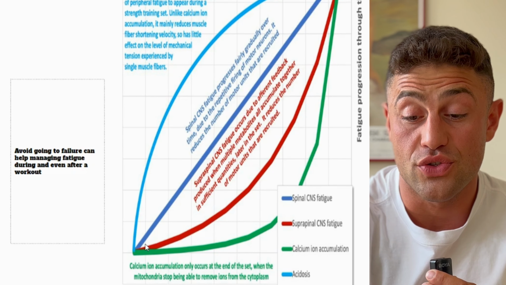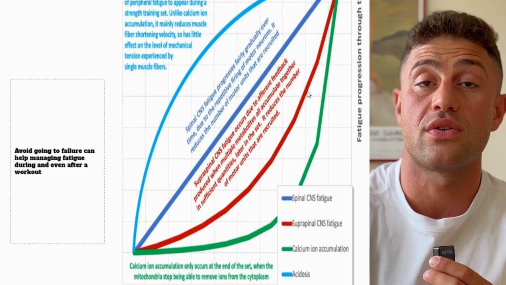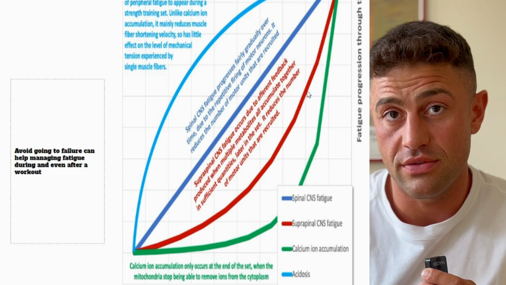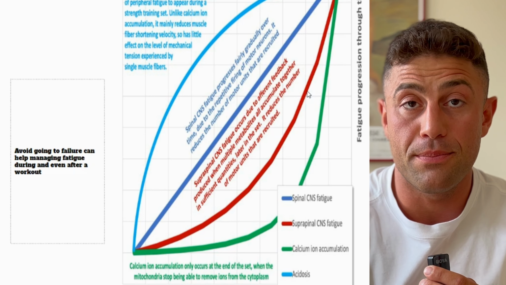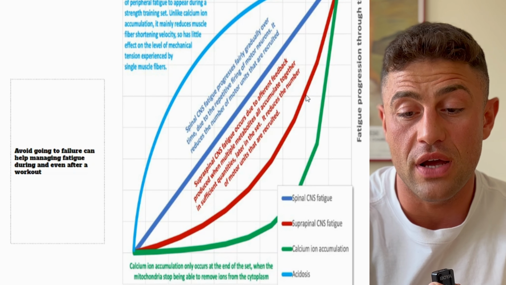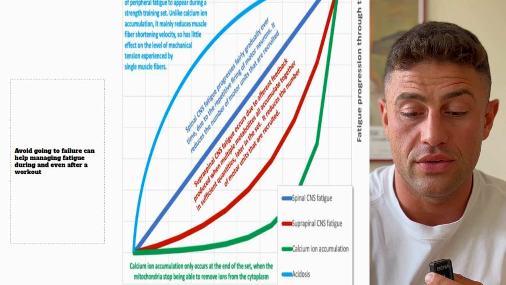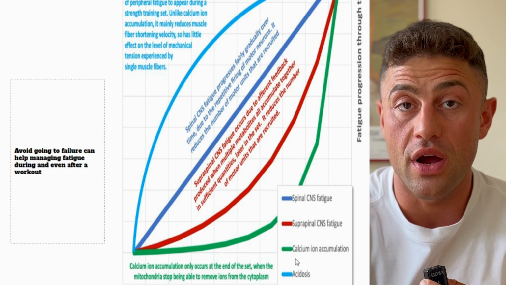Now, the supraspinal CNS fatigue spikes at a faster rate, but it also falls down at a faster rate. And that's really beneficial because we can take a break of 3 to 5 minutes and the supraspinal fatigue is going to be down to a lower level again. That's not what happens with calcium ion accumulation.